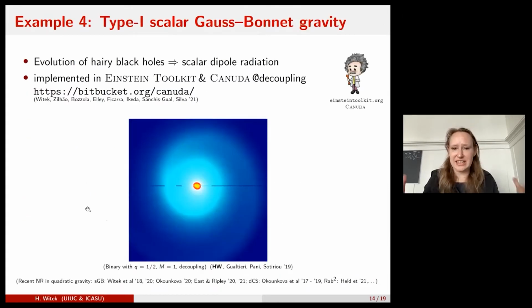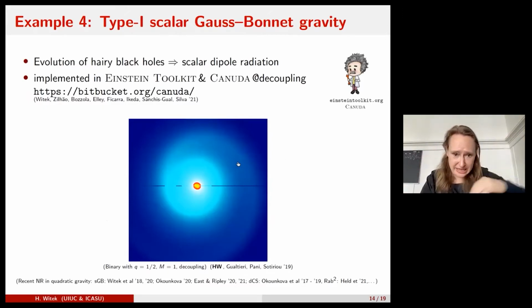And again, we've implemented this in Canuda. The code is open source, and I'm looking at decoupling, and I'm also focusing now on the scalar radiation. The background binary that I have will be 2 non-rotating black holes, mass ratio of 1 to 2, and they will complete about 10 orbits before their merger.